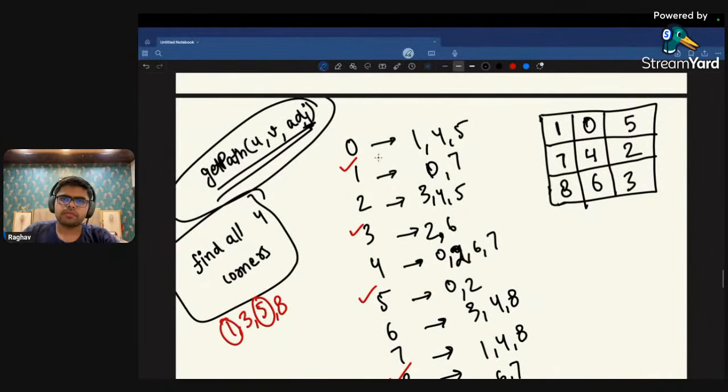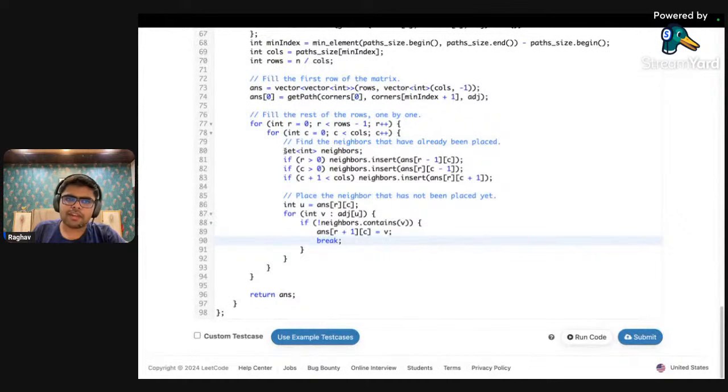For each of these cells we had come one by one, and we had looked at the neighbors, which nodes we have already placed, and then we were looking at the adjacency list, which nodes do we have to place. So that's what I'm doing here.